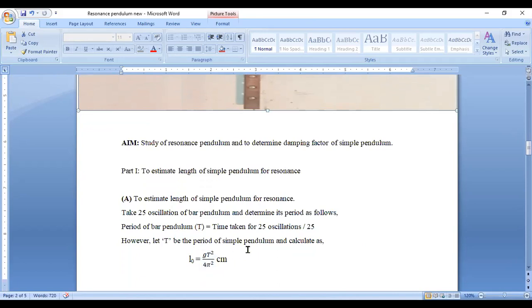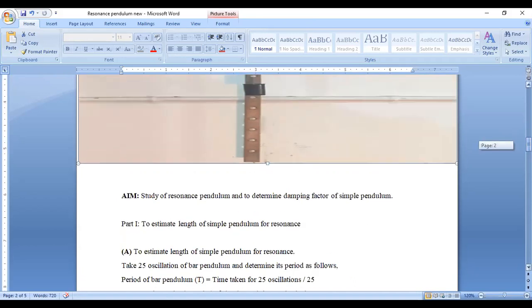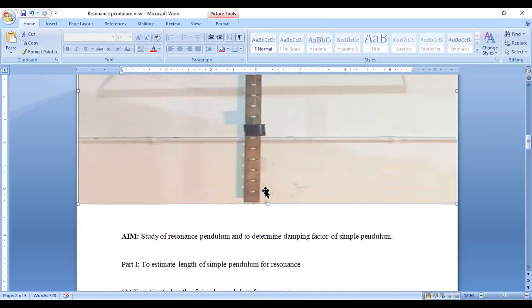And this periodic time T is the periodic time of a simple pendulum. When the periodic time of the bar pendulum is equal to that of the simple pendulum, then you have a maximum amplitude. So first, you find out the periodic time of the bar pendulum. You can see the free end of the oscillator of the bar pendulum.